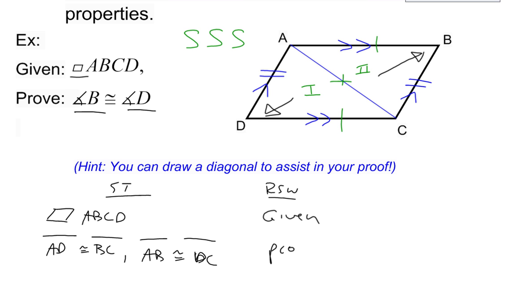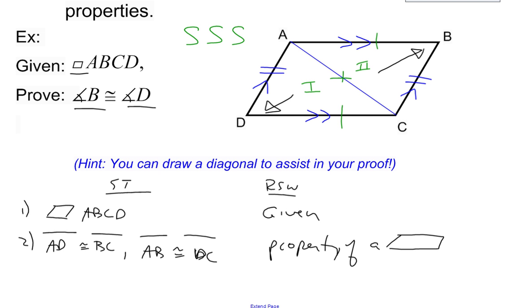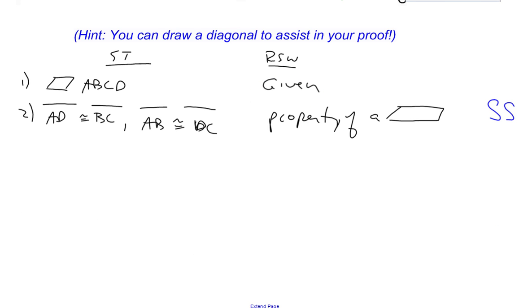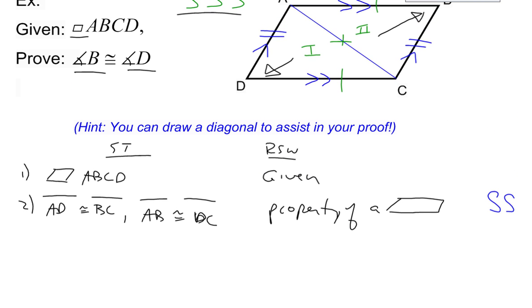That is a property of a parallelogram. So that's statement 1, that's statement 2. Well, if I'm going to use triangle congruence, let's keep track of what I have so far. I have 2 sides. Very nice, but unfortunately, side is not a proof of congruence. What else do I know?